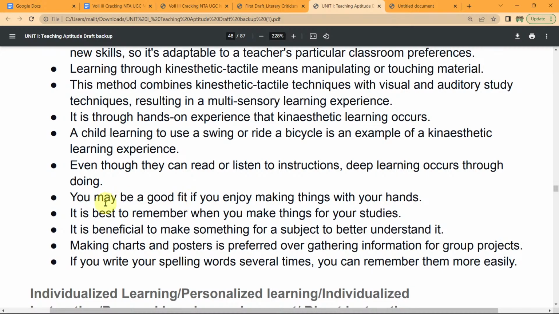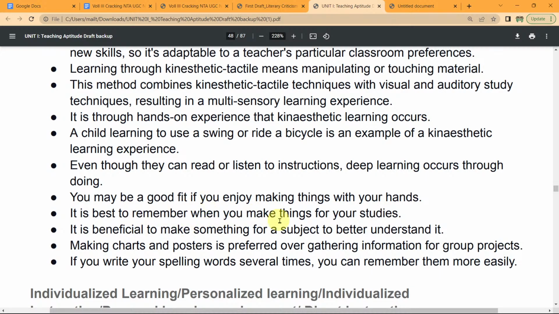Three important points that you may like to hear. You may be a good fit if you enjoy making things with your hands. So again, it is like hands-on practice. Whatever you learn by touching enables your sensory motor, and that is your kinesthetic tactile technique. Got it?